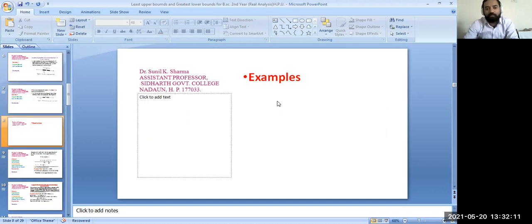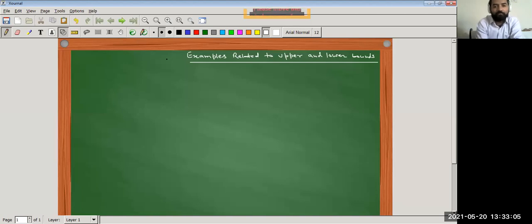Now we will discuss examples related to upper bounds and lower bounds. Example number 1. Let A equal the open interval (0, 1) be a non-empty subset of the real numbers R. Let us draw it geometrically.